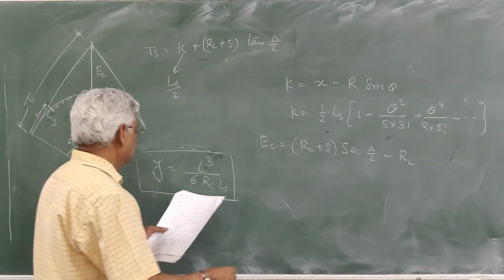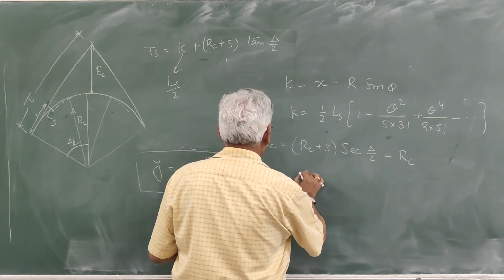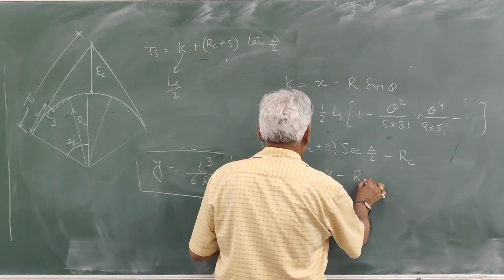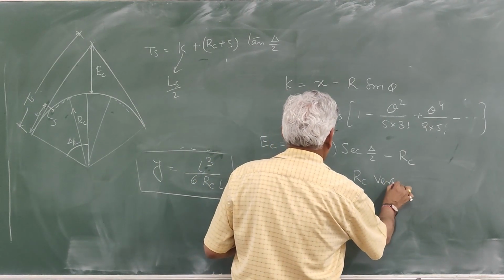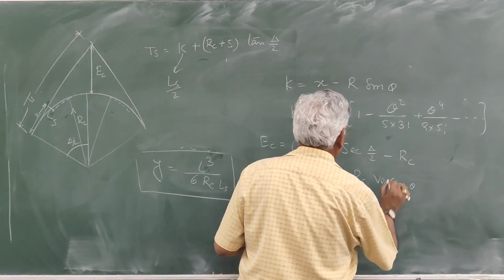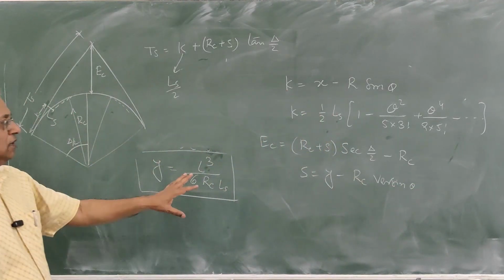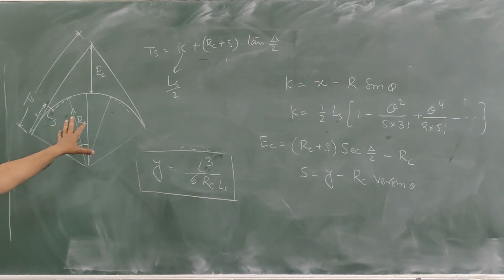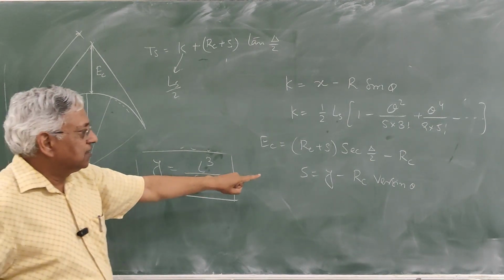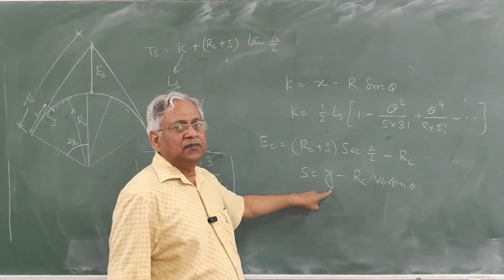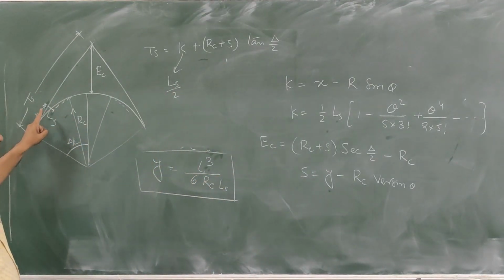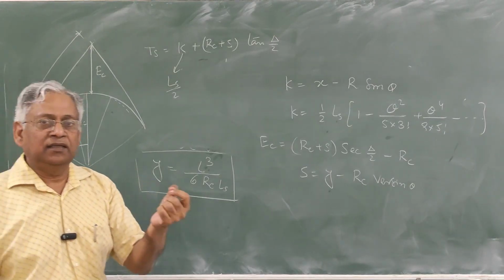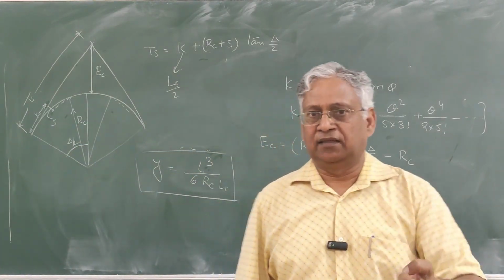And the shift is given by this equation, y minus Rc over sine theta. All these equations you can write mathematically using this figure. Now y is the offset at k and Rc is the radius of the circular curve. 1 minus sine theta is called the versine.